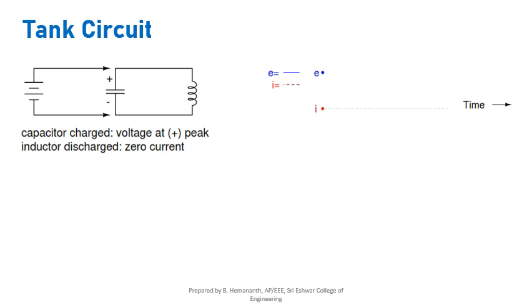So the initial voltage across the capacitor is E, and the initial current flowing through the inductor is 0. Now the variation of voltage across the capacitor and the current through the inductor can be drawn as a waveform for better understanding.